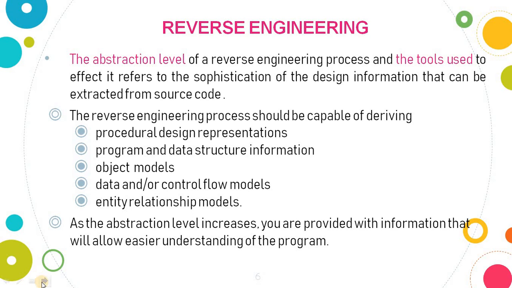Details like procedural design representation, program and data structures, object models, data and control flow models, ER models, these things should be capable of being derived in reverse engineering. That is, a reverse engineering process should be capable of deriving all those details. Then only will we say it has a higher abstraction level. As the abstraction level increases, the details of the product revealed through reverse engineering are also high.